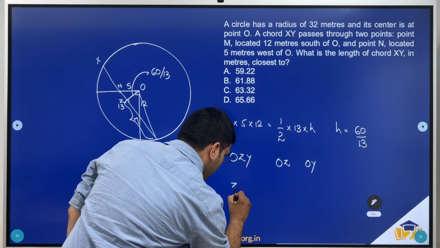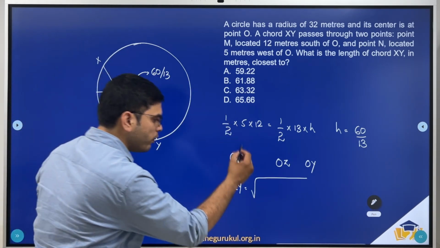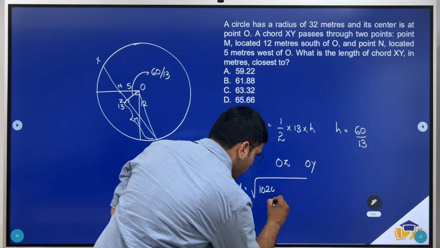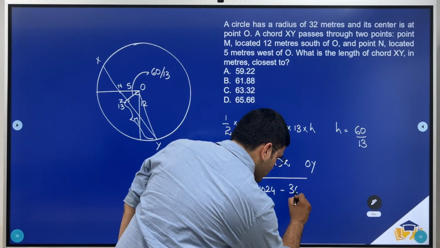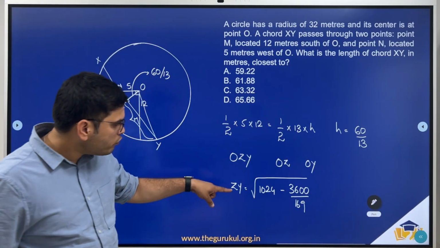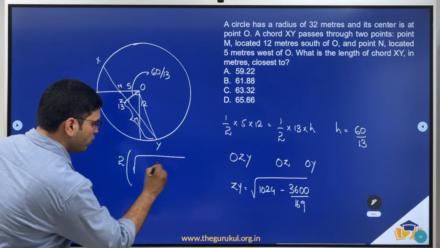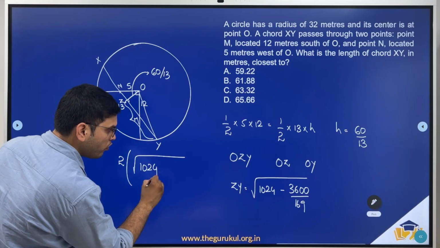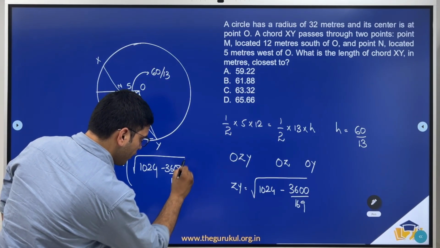So ZY is equal to under root hypotenuse OY square, 32 square, 1024, minus 60 by 13 whole square. 60 square is 3600 by 169. Now once you find this value, 2 times of that, 2 into under root 1024 minus 3600 by 169 will give us the answer.